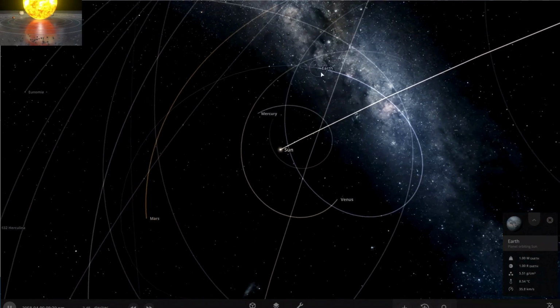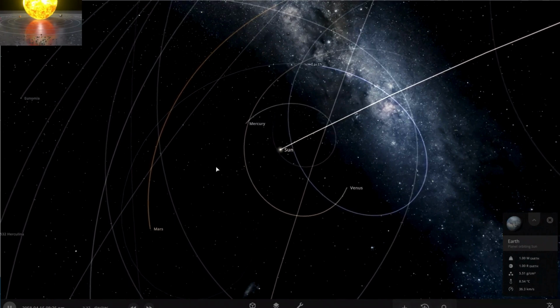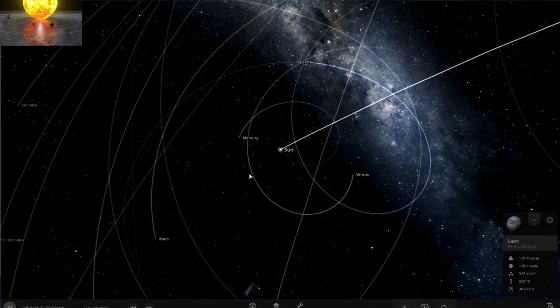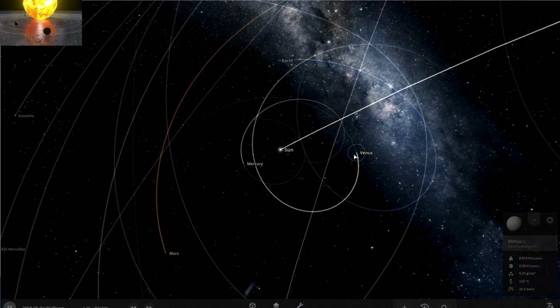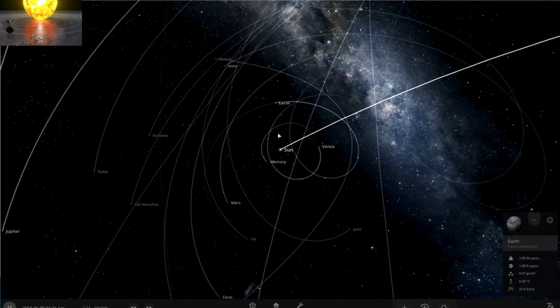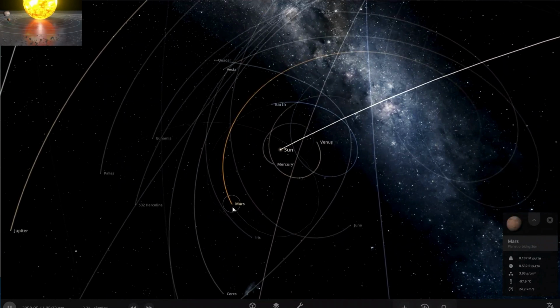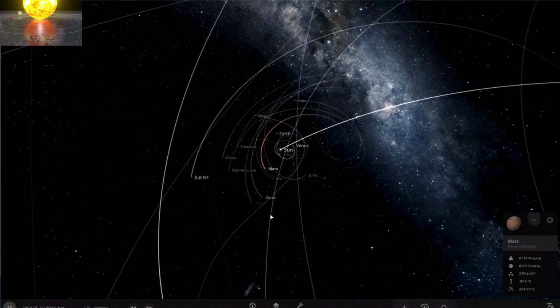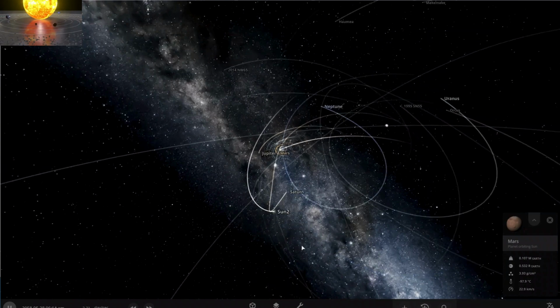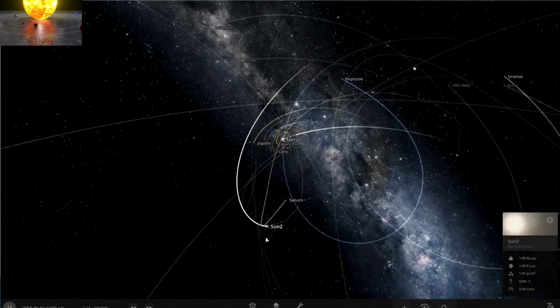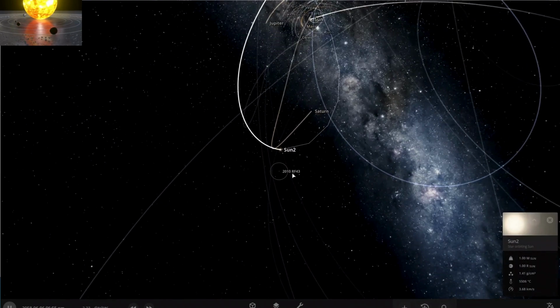So we have different temperatures at different times, I think. But they're still alive. There's Mercury, Venus, Earth, and the order I think is still the same. But we have had some changes, like this one. Saturn has gotten closer to this one.